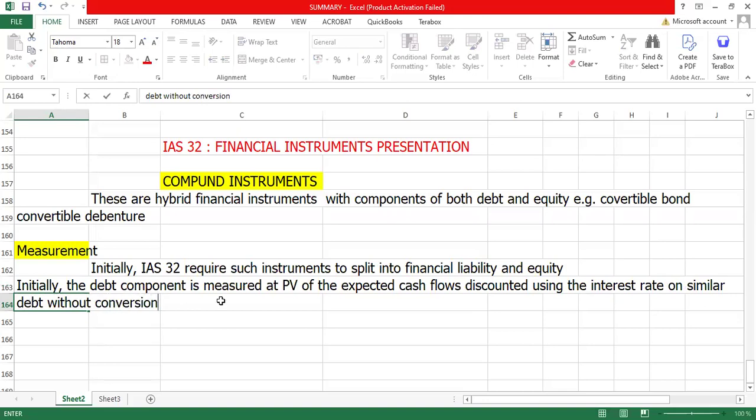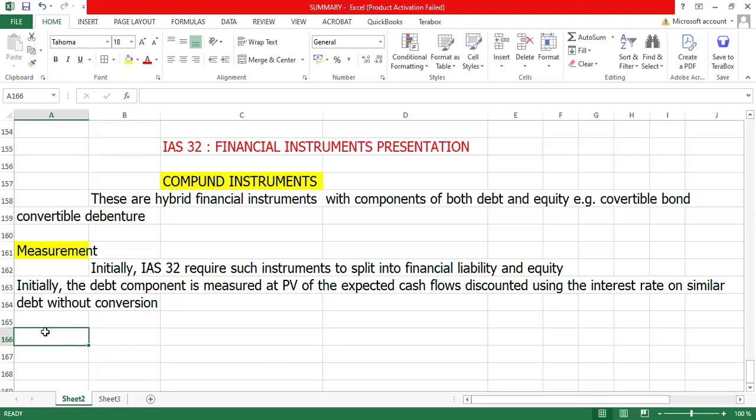So as you discount the expected cash flows, you need to discount using the interest rate on similar debt without conversion. Okay. They will always give you that rate in the question.